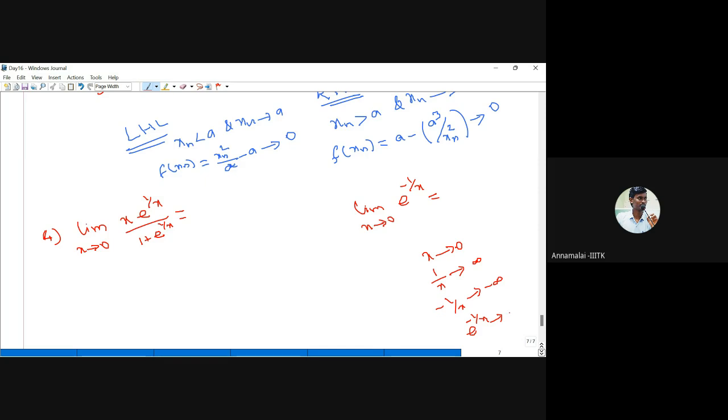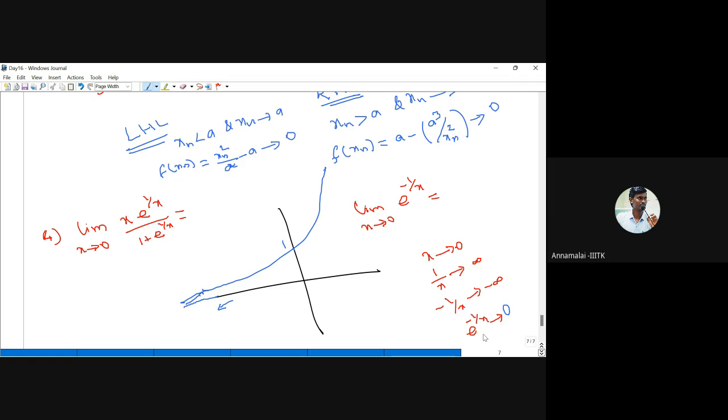Look at the graph of e power x and tell me what e power 1 by x is as x goes to infinity. In the graph of e power x, the line is very close to the x-axis on the negative side.